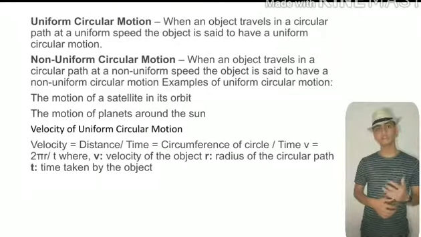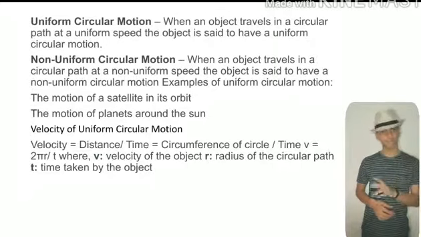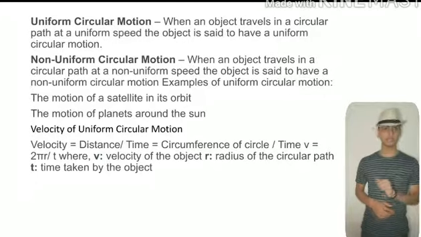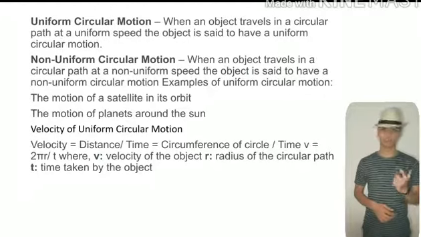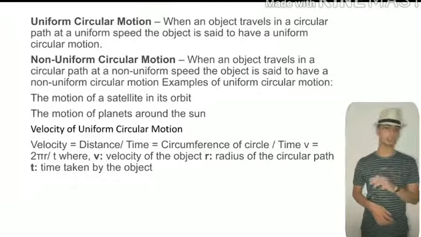The velocity in uniform circular motion is distance by time, making it circumference of circle by time, that is V equals 2 pi r by t, where V is the velocity of the object, r the radius of the circular path, and t the time taken by the object.